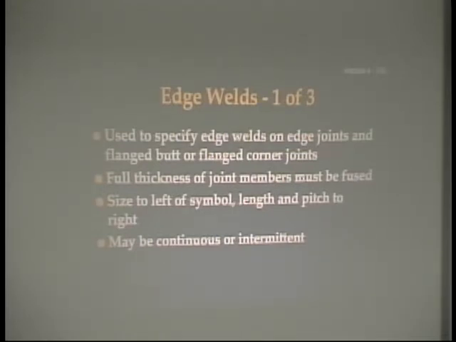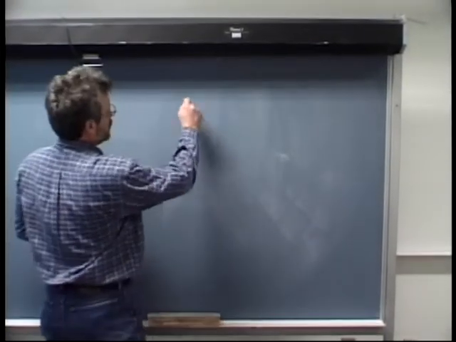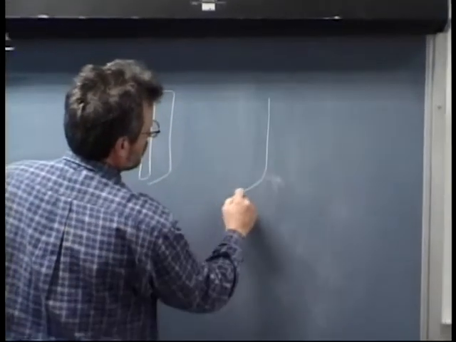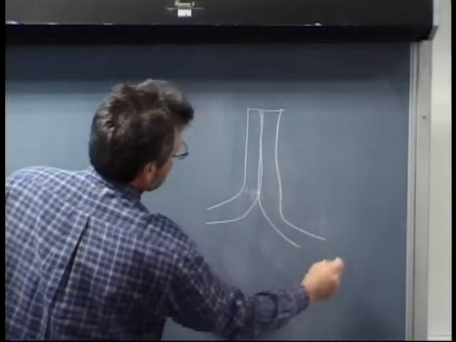If you look at 30-12, and at the top one, A, what we have is an edge weld, and it could be two pieces of metal coming down together like this, or it could be a flared flange coming down like that.